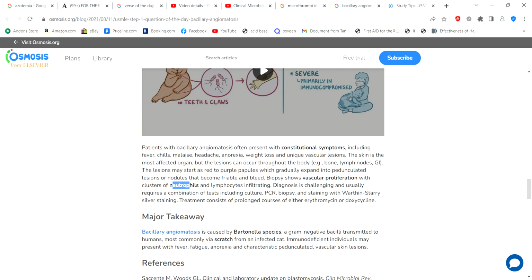It is filled with neutrophils and lymphocytes, and is seen in CD4 count below 100, right?